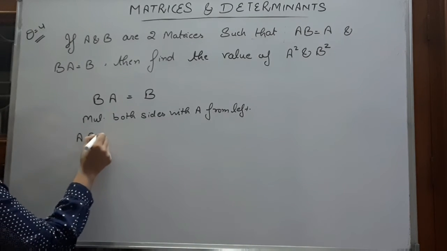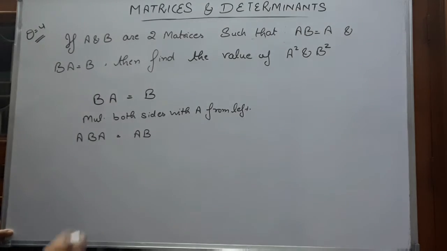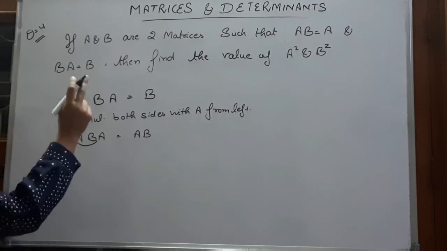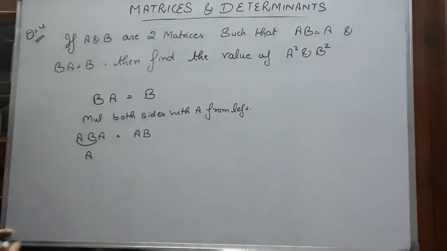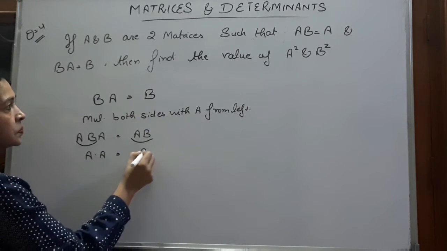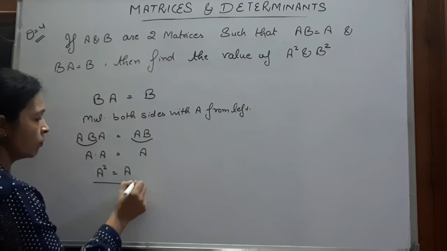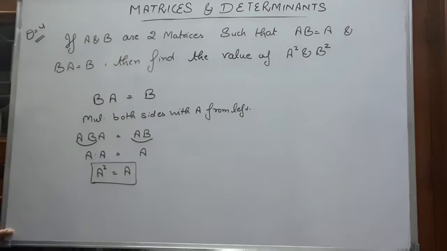A into BA equals AB. Now, what is AB equal to? A. A into A equals, what is AB? A. A into A, A square, is equal to A. We have got the value of A square.